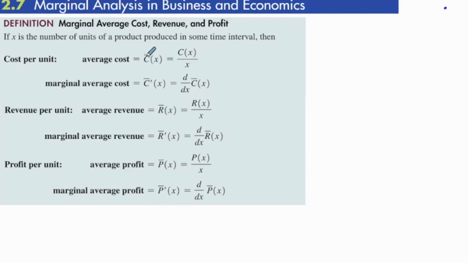And this little bar over the C is typical notation for average. In a statistics class, if you saw x bar, that means the average value of x. So C bar of x is the average cost of production.